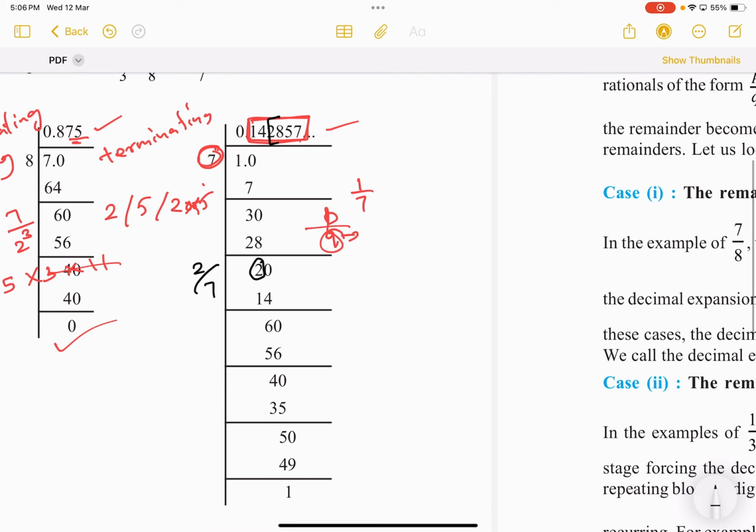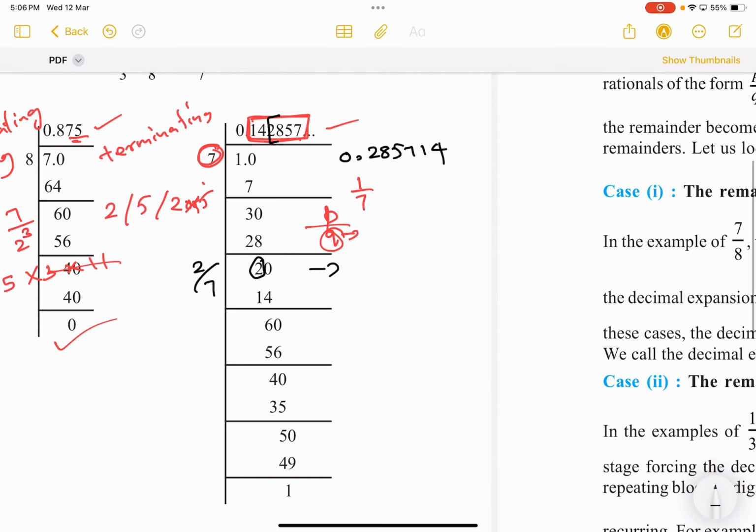It is starting from 2, 8, 5. So your answer is going to be 0.285714. That will be the answer for 2 by 7. The digits will repeat, going like a chain. From here onwards you will get the answer and repeat 1 4 again, because it's going to be like this, right?